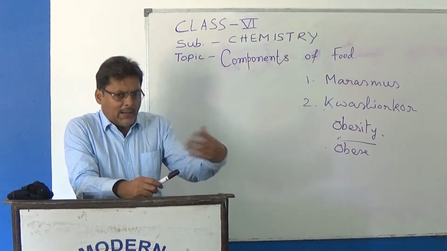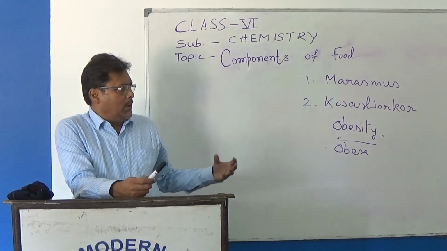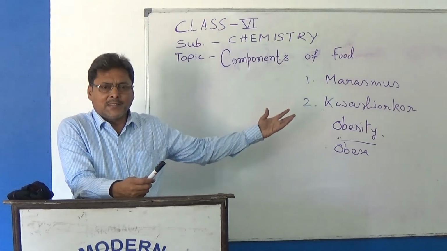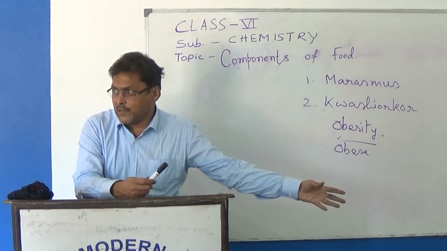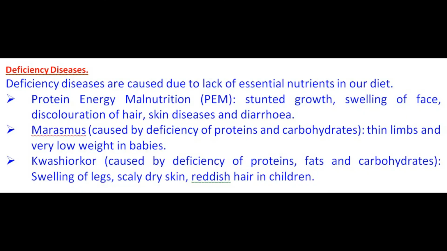Let us quickly go through this certain children's deficiency diseases. Deficiency diseases are caused due to lack of essential nutrients in our diet. Protein energy malnutrition, we call PEM in short. Stunted growth. Growth stops.